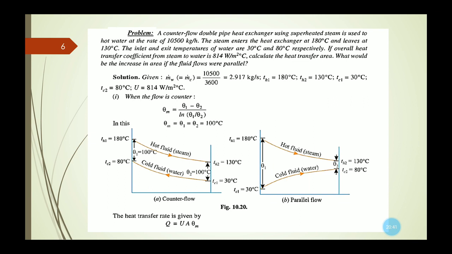As theta 1 and theta 2 are both the same, theta m is actually 100 degree centigrade, that is the logarithmic mean temperature difference.